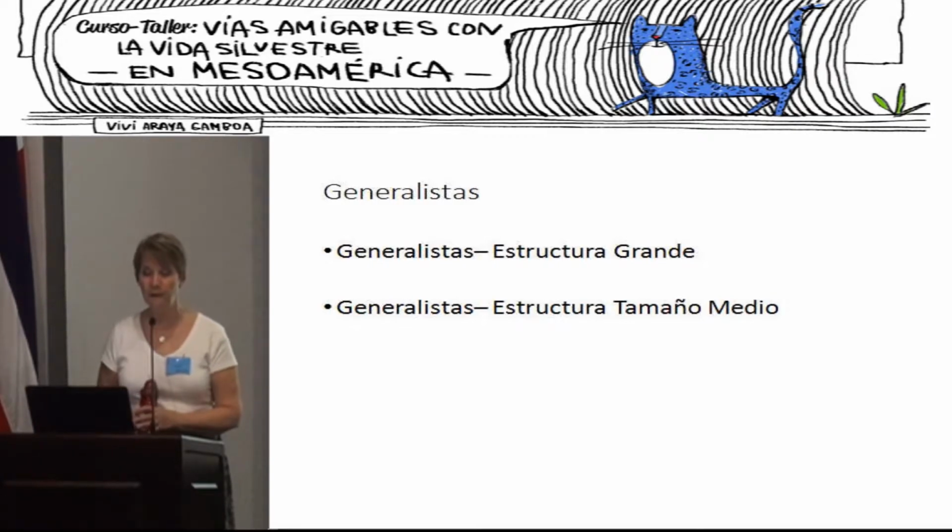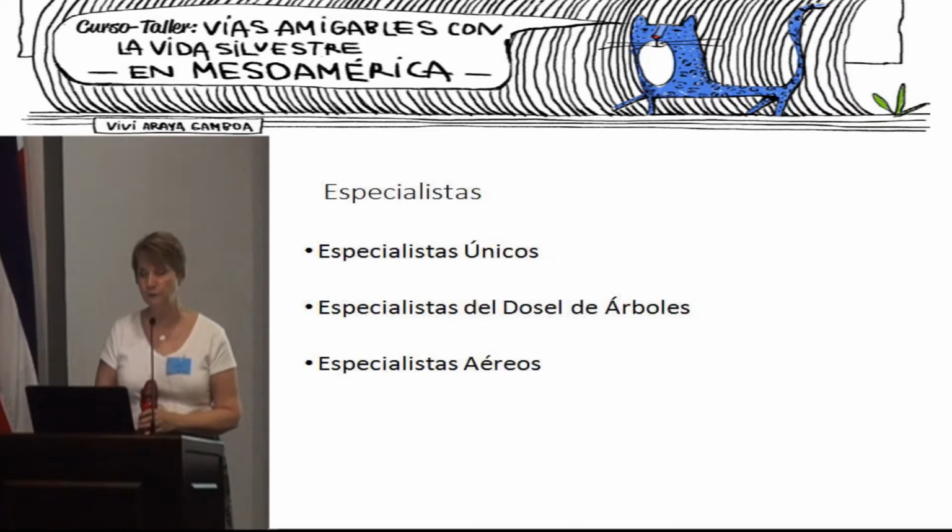And then the generalists, there are 2 types generally. Ones that have larger bodies like larger structures, and ones that are medium-bodied, and they will accept smaller structures. And then the specialists, I told you that there is a group kind of like the miscellaneous group, and that's the ones that have unique conditions that you have to design for that species.